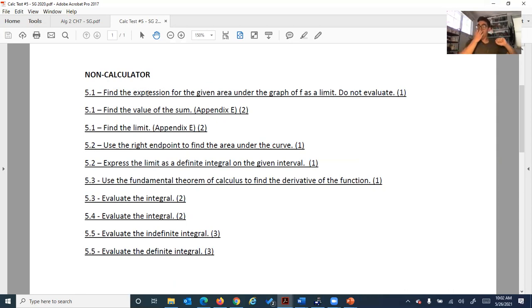This one was f of x is the square root of x, going from 0 to 4. Will it be one that we have an example of in our books? I might change it up just a little bit here, but you don't evaluate it, right? You just find the expression for the given area, right?